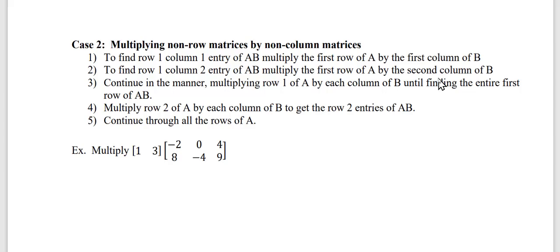I like to do this with circles, kind of. So first of all, we have to make sure we can multiply it. This is 1 row by 2 columns. This is 2 rows by 3 columns. That tells me that my result, AB, will be 1 by 3.